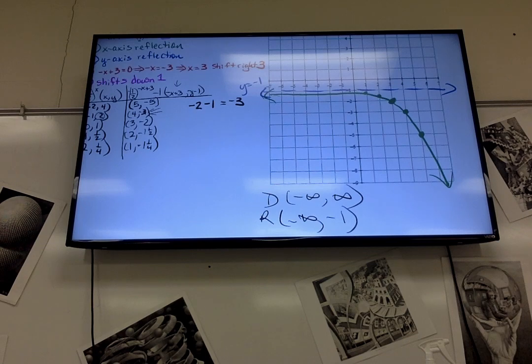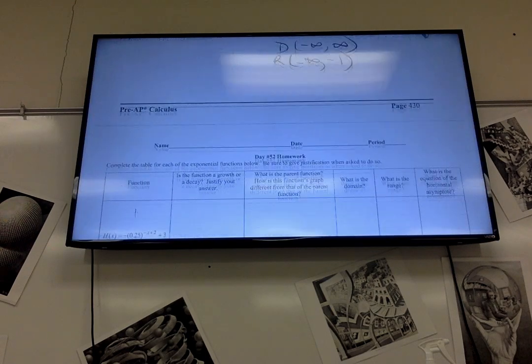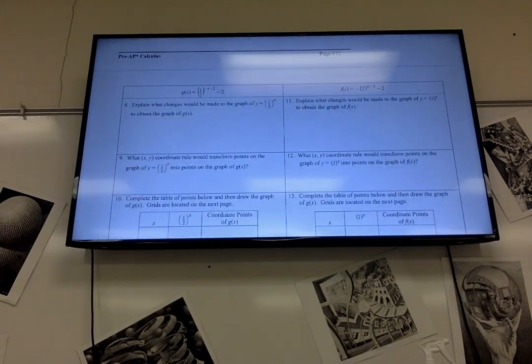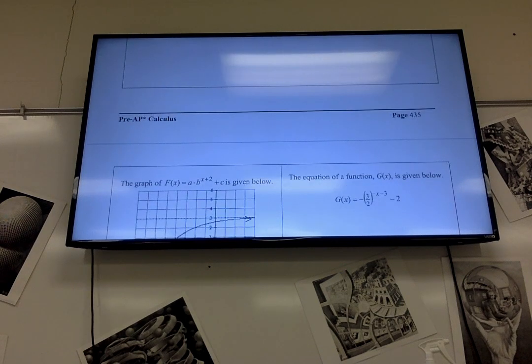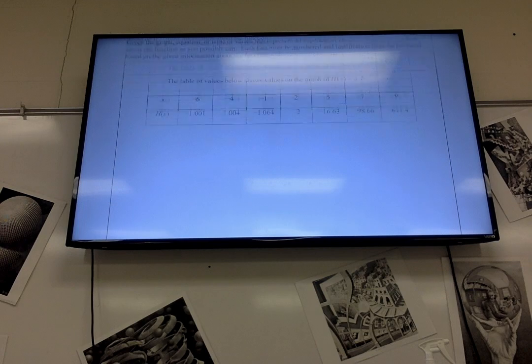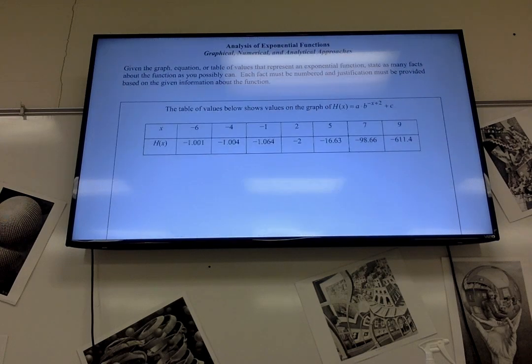We're moving on to page 436. Oh, 435? Does it say 435 on yours? Oh, on mine it says 436 on my printout. Must have been an older copy, sorry.